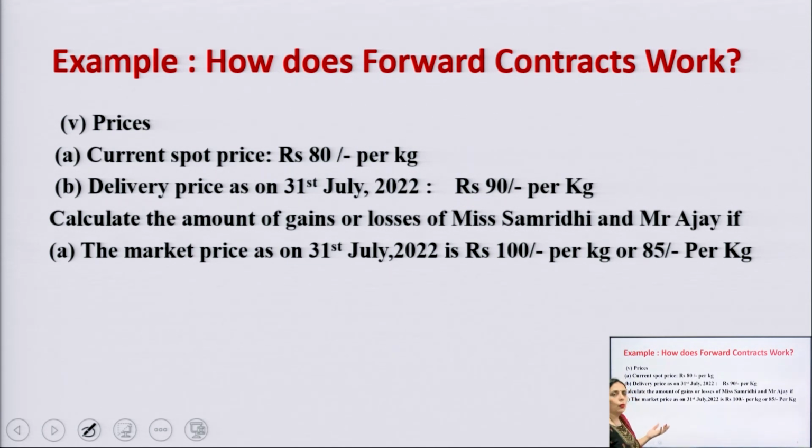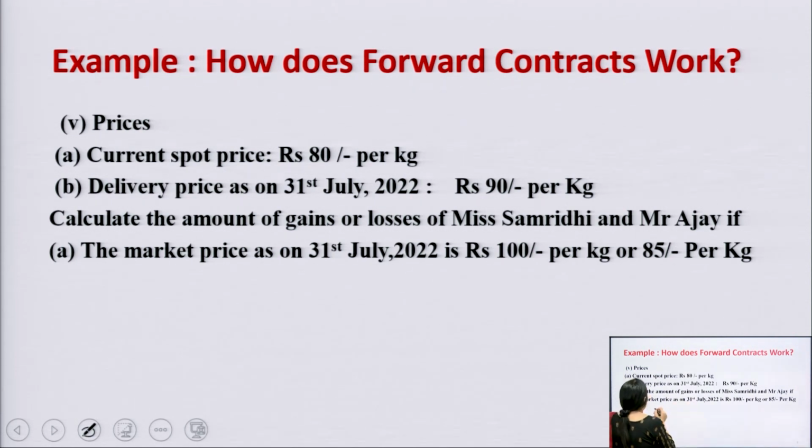Now, we have to do the calculation relating to the gain or the losses of Ms. Samriddhi and Mr. Ajay. The market price as on 31st July 2022 is rupees 100 per kg in one case and rupees 85 per kg in the other. Now, let us do the calculation first.